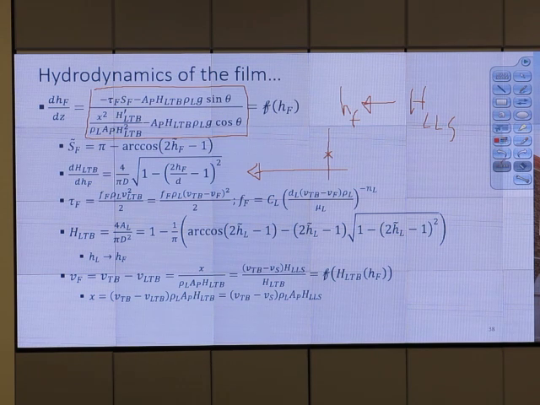Let's say we start at this point. We calculate the right hand side. Right hand side can be calculated, right? If you know the height, right hand side can be calculated, and then you get the slope. So if you know the slope at that point, you can extrapolate to the next point. Extrapolate a short distance, and then you stop.